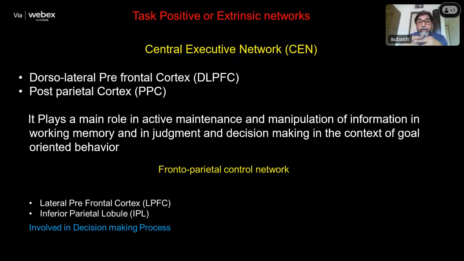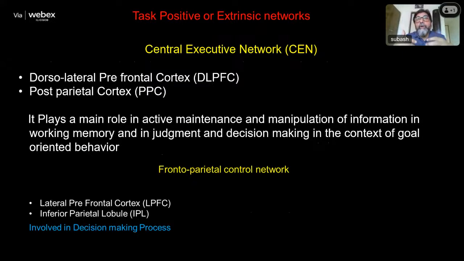Then there is the frontoparietal control network. It has two regions, the lateral prefrontal cortex and the inferior parietal cortex. This is purely for decision making. So when you make decisions about anything, the frontoparietal control network comes into play. It becomes really active when you have to make a decision.